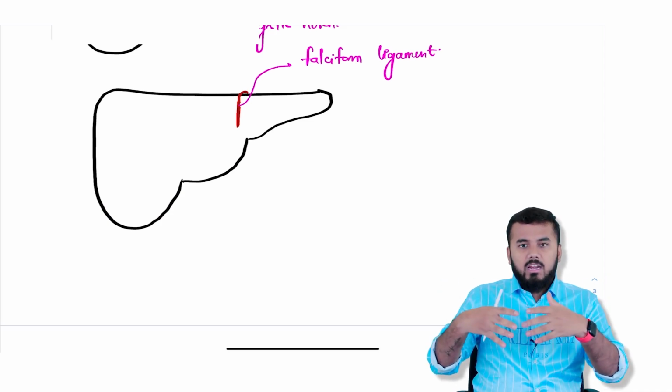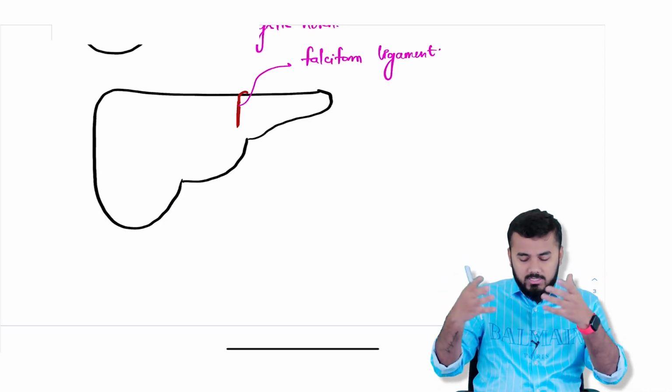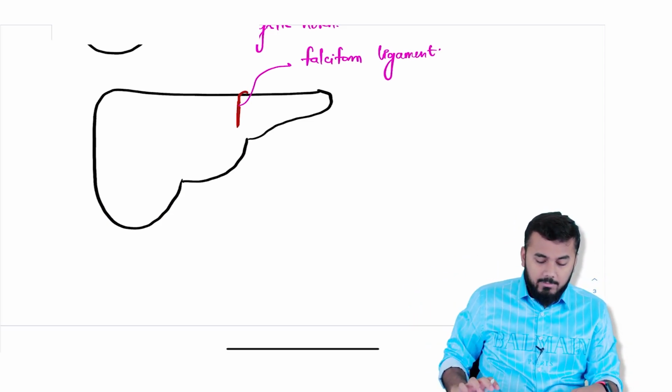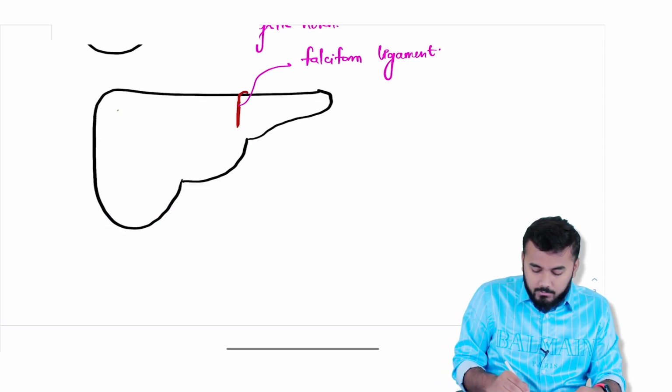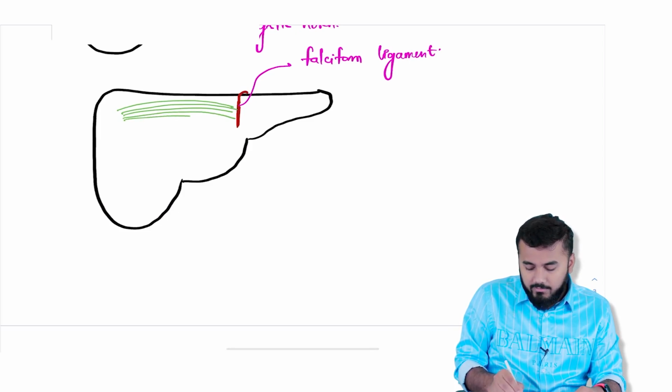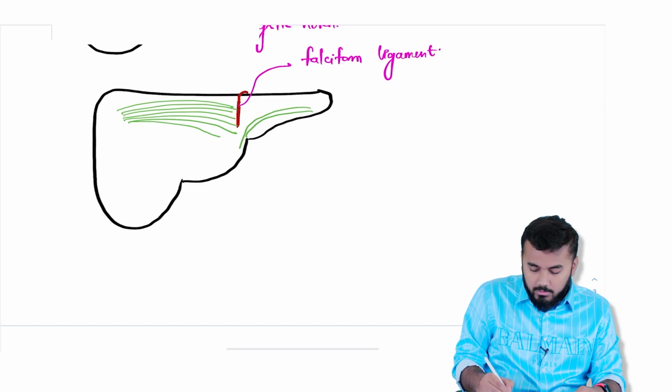So in that way there are reflections of this peritoneum on the surface of the liver. You see, this is how the peritoneum is getting reflected onto the liver in this way.